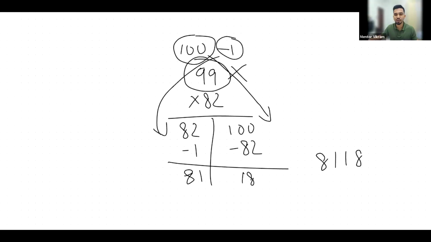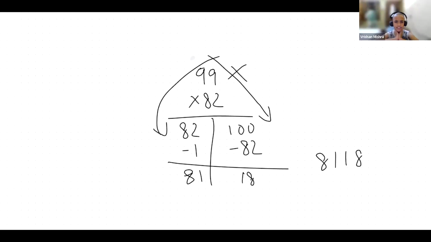This is a trick to remember this method. Is this clear to you? Yes. On the right hand side we'll subtract from 100, and on the left hand side we'll subtract 1. Exactly.